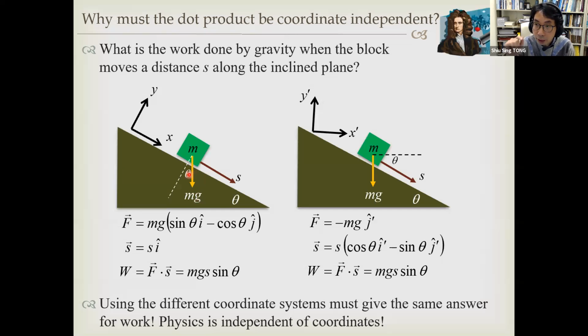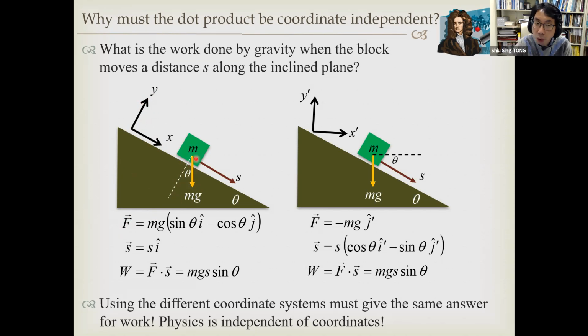So when I'm asked what is the work done by the force of gravity when the block moves a displacement s along the inclined plane, I can do it in two ways. The first way is that I use a coordinate system with the x-axis along the inclined plane and the y-axis perpendicular to the inclined plane.